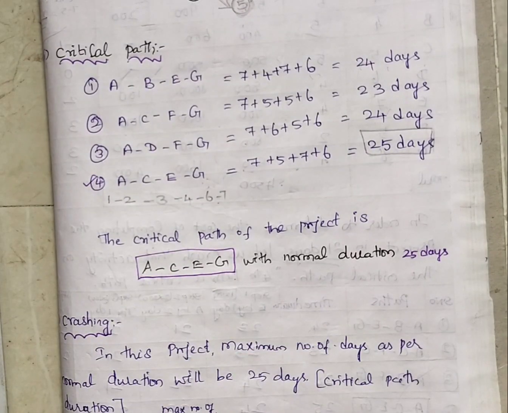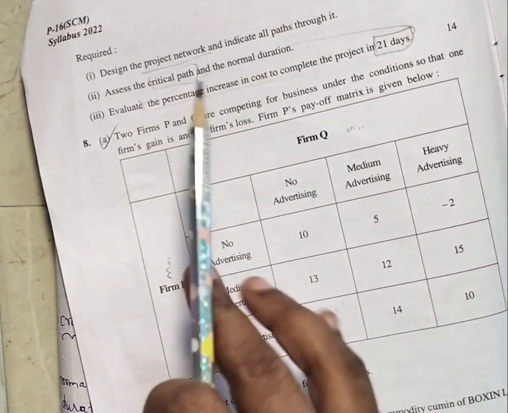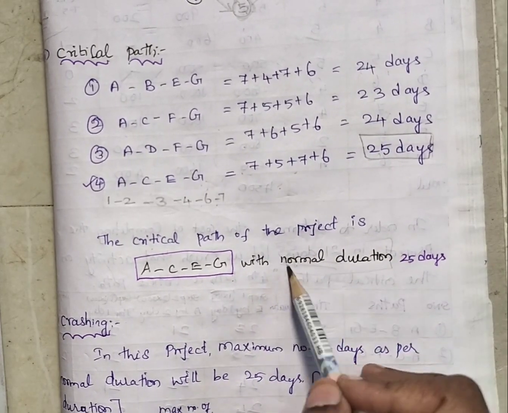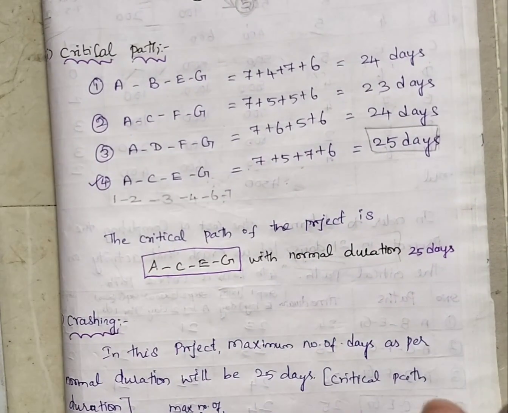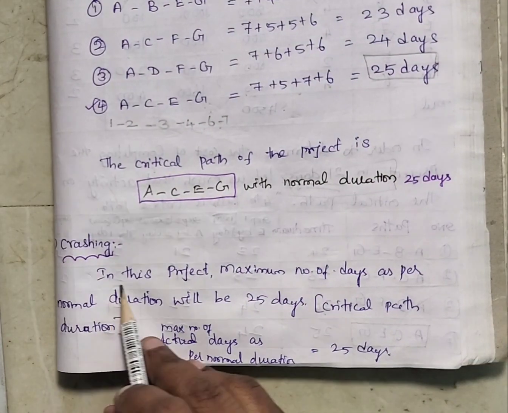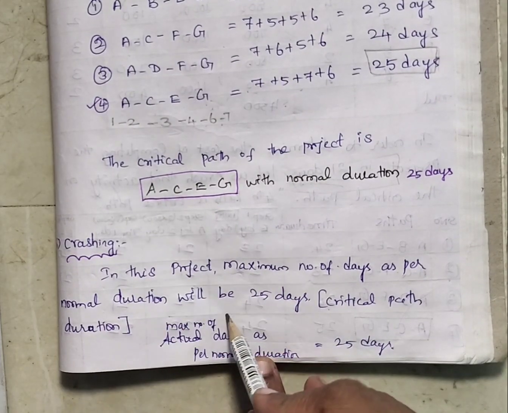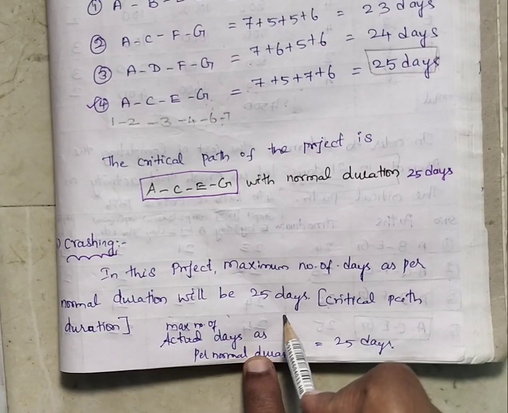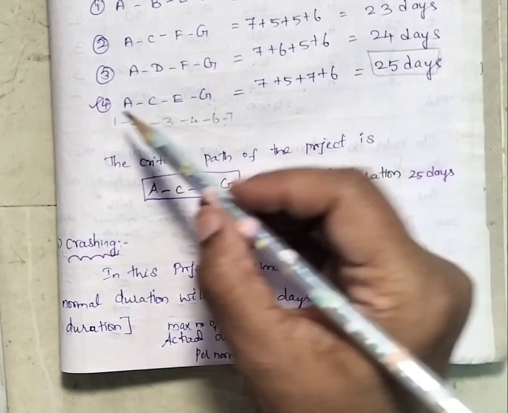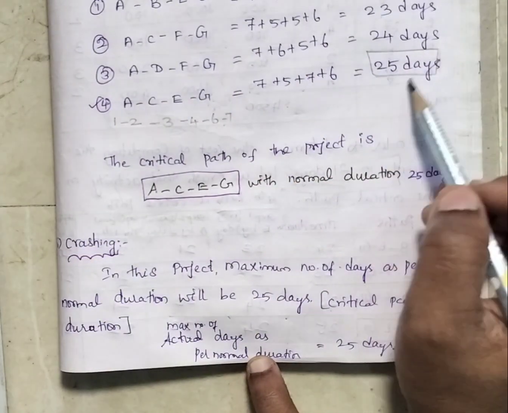So the second part of the sum is also done: assess the critical path and normal duration. Its normal duration is 25 days. Now we are entering the crashing step. The maximum number of days as per normal duration is 25 days, because all other paths involve fewer days, but the activities in this path take the maximum.